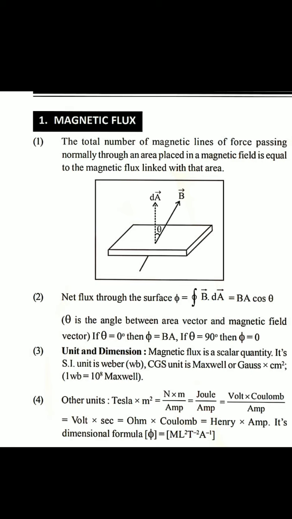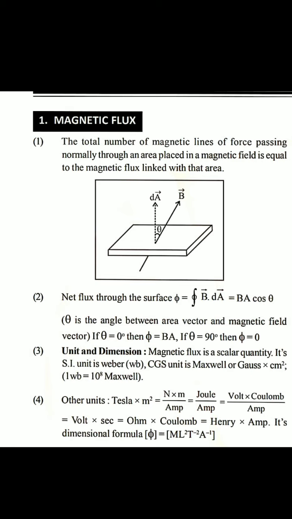You can write either Maxwell or Gauss into centimeter square. In SI the unit is Weber, and in CGS it is Maxwell or Gauss into centimeter square. The relation between them is 1 Weber equals 10 to the power 8 Maxwell.